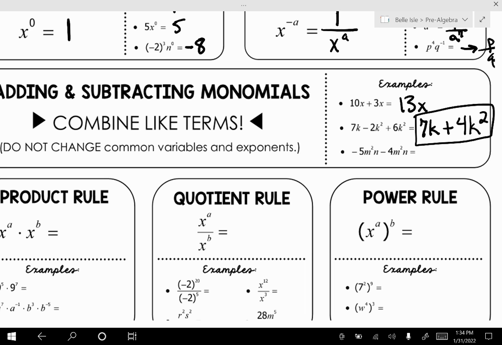So you can combine them. They're being multiplied together. It looks like there's some space in between them, but it's just because of the exponent. So we have negative 5 minus 4, which we would all agree is negative 9, m squared n.